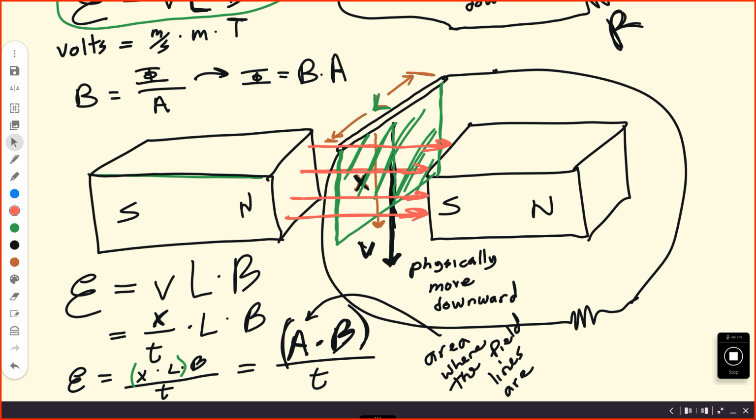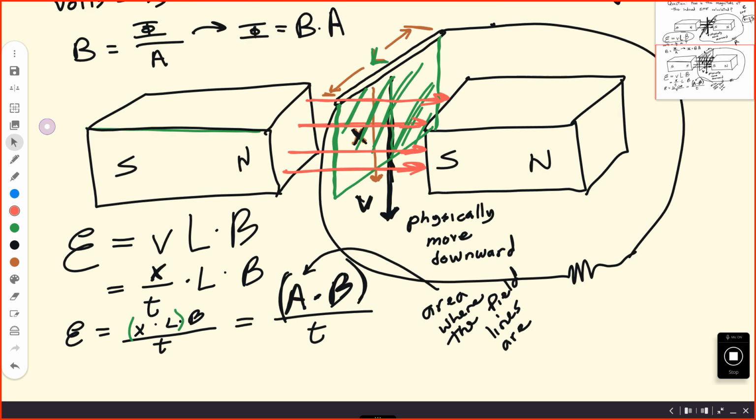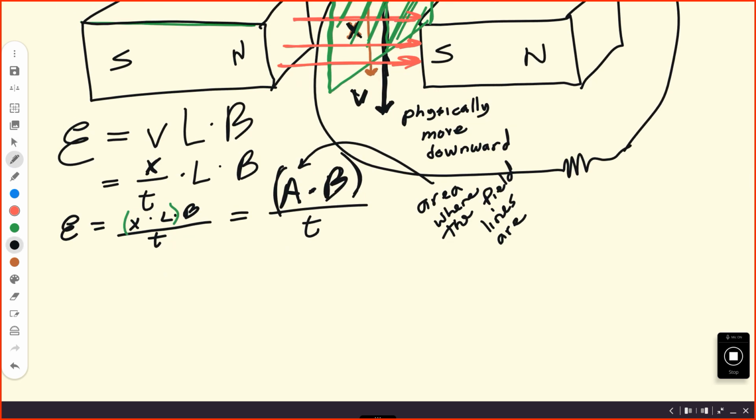So Michael Faraday figured out, hey, you want to calculate the induced EMF? It's going to be the rate at which the flux lines are busted. If you're finding the average EMF, it's delta flux over delta T. If you're finding the instantaneous EMF, it's going to be d flux dt.